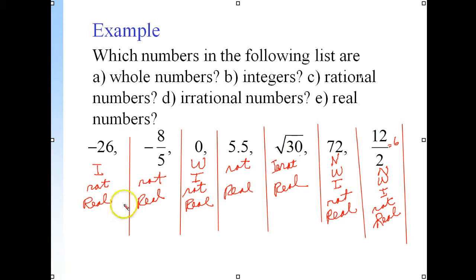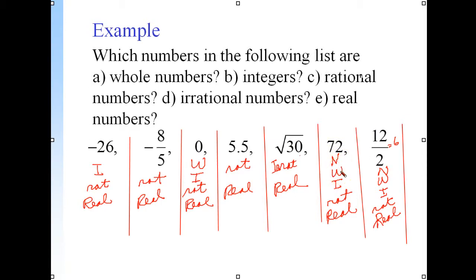So going through them, this is an integer, rational and real. This is only rational and real. Whole number, integer, rational and real. This is a fraction. This is 5.5. So it's rational and real. This is the only irrational, but I don't know if you notice, all these numbers are real. And this is a natural number now.